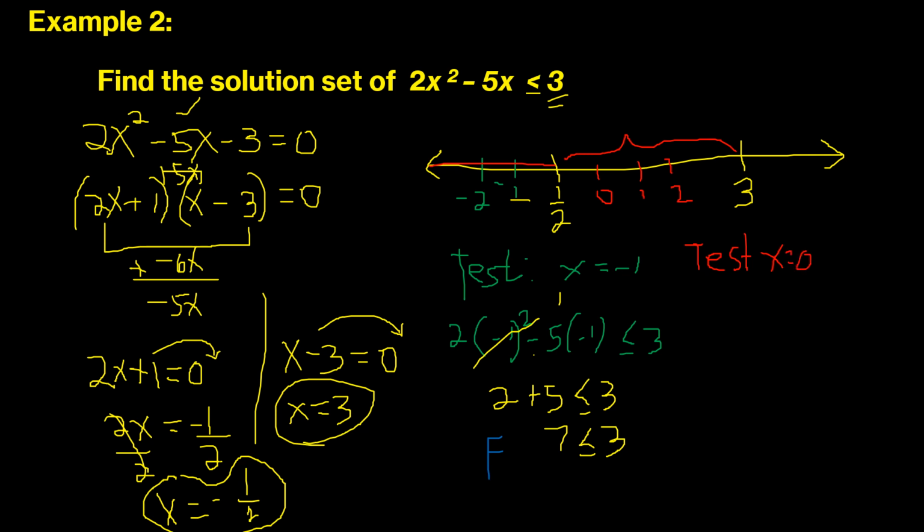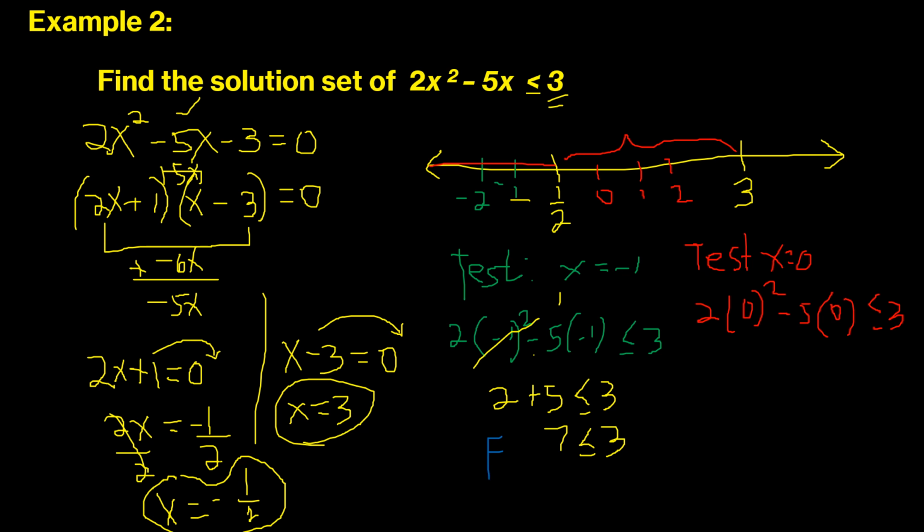By substituting 0 to the original inequality again, we have 2 times 0 squared minus 5 times 0 is less than or equal to 3. But 0 squared is 0.